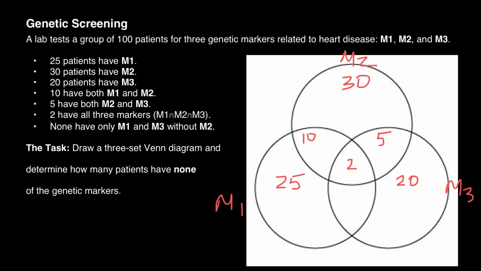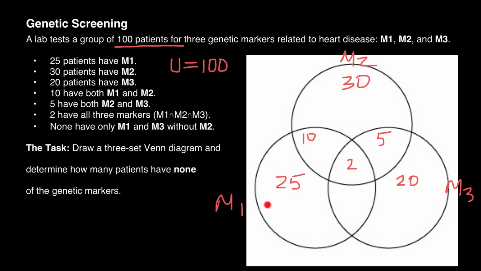So now we have to determine how many patients have none of the genetic markers. And we start with, first of all, how many total patients we have. We have 100 patients. Let's put U, which represents the union of all sample spaces.